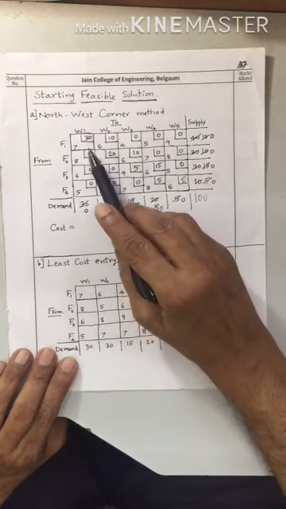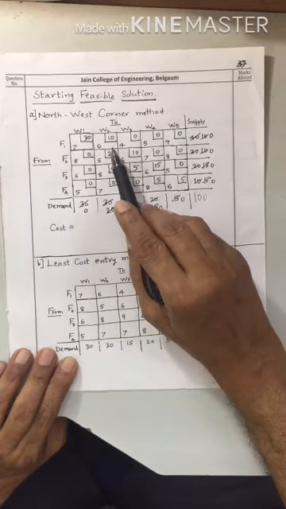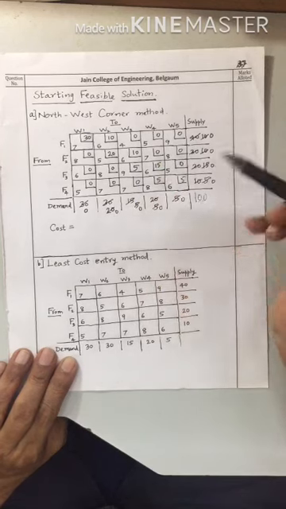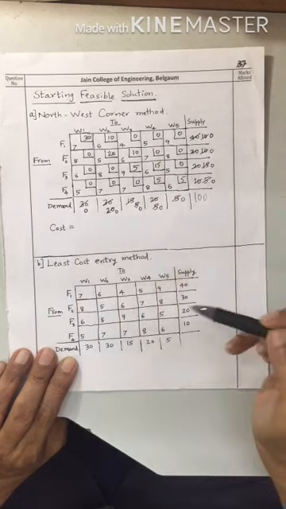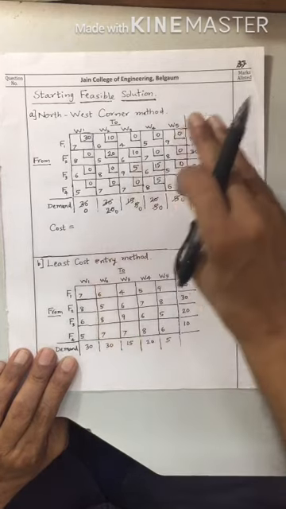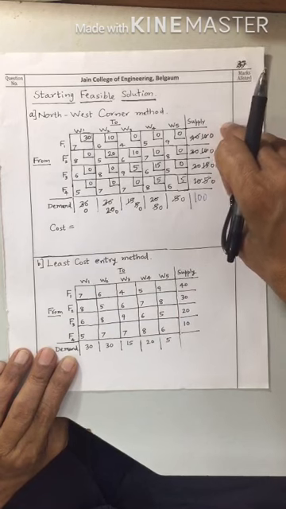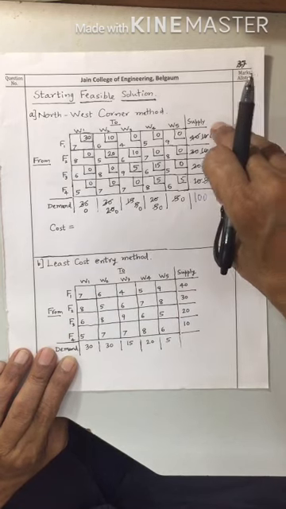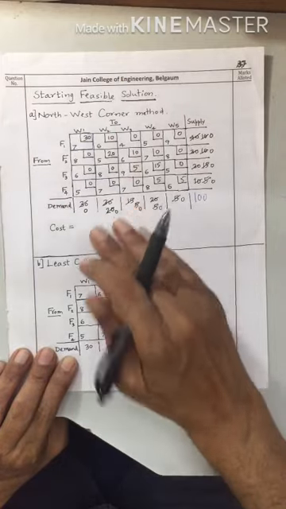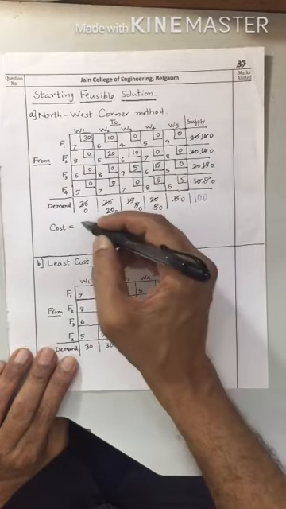Now I can say X11 is 30, X12 is 10, X13 is 0, X14 is 0, X15 is 0, like that. Now I can easily calculate the total cost. This is the plan which has been made to send the goods from these sources to these destinations, and what is the associated cost.